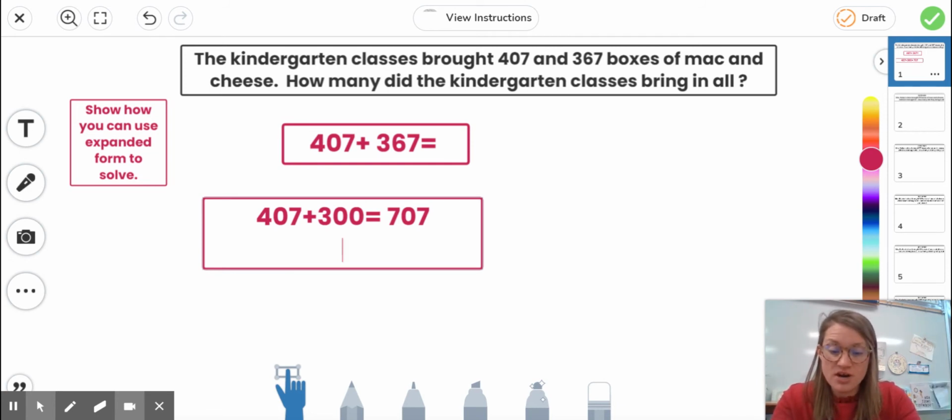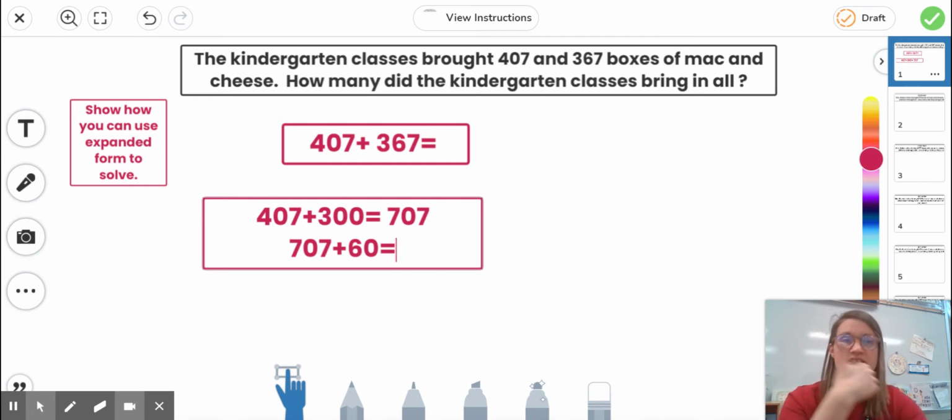So now I'm going to start at 707, and this time I'm going to add the tens. So 707 plus 60. So I know 707, 717, 727, 737, 747, 757, 767.